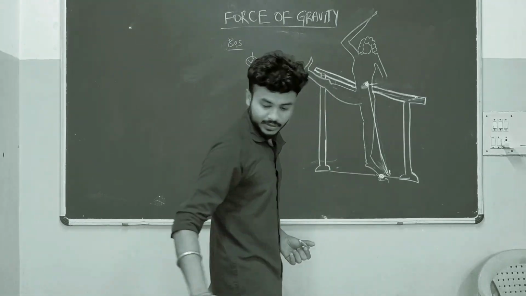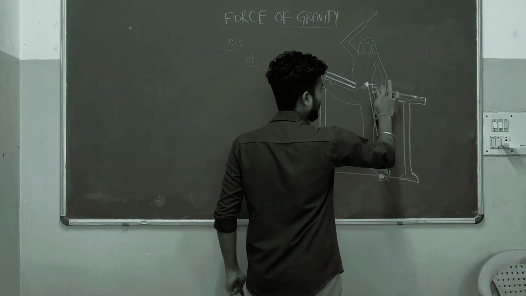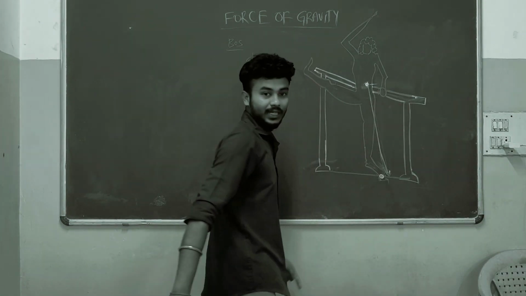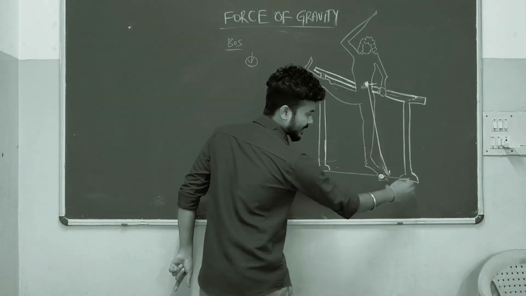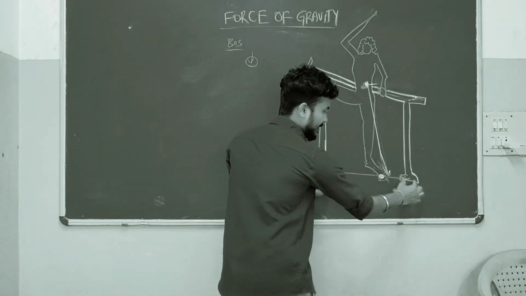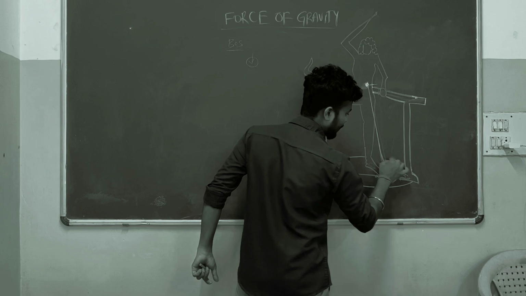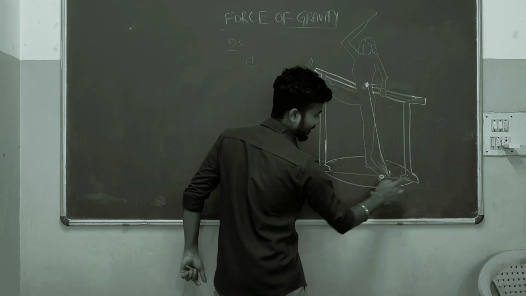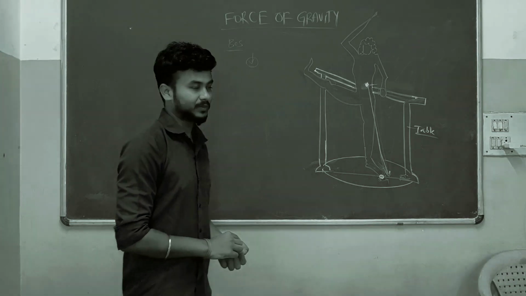Suppose this female is touching this table. The table has base of support with one leg and another leg, two legs. This complete two-leg surrounding space is the base of support of this table.